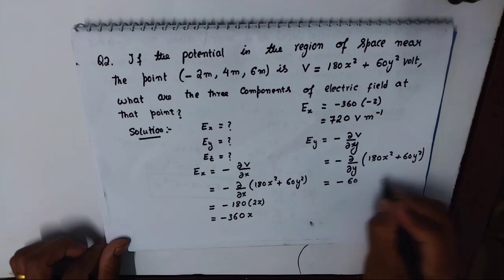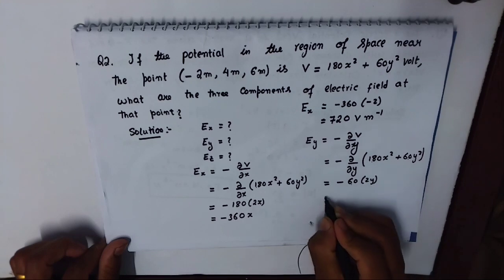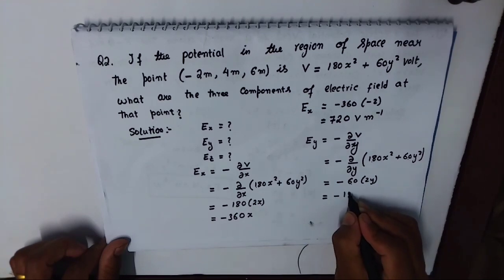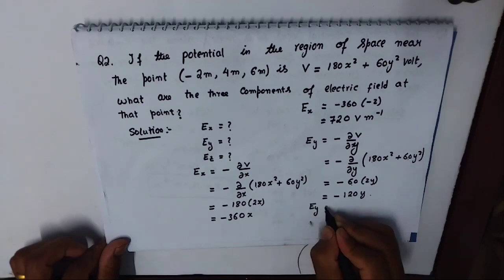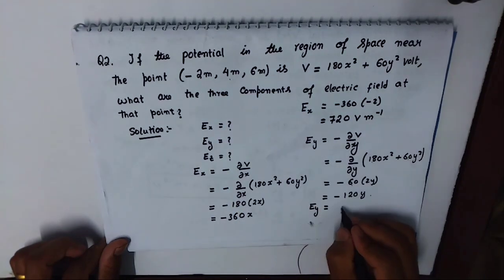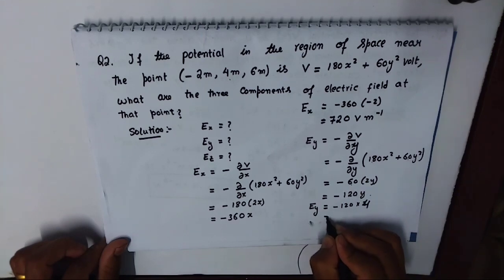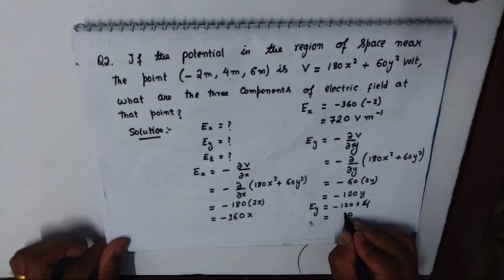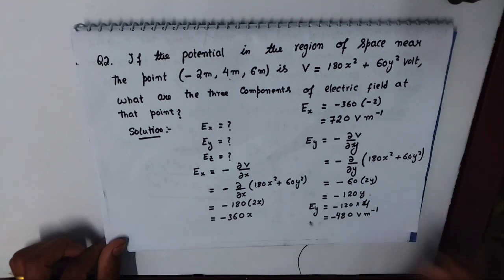Del y of 60y squared gives 60 with 2y, so this becomes minus 120y. So the electric field Ey at y equal to 4 meter is 120 multiplied by 4, so minus 480. Again here it is volt per meter.